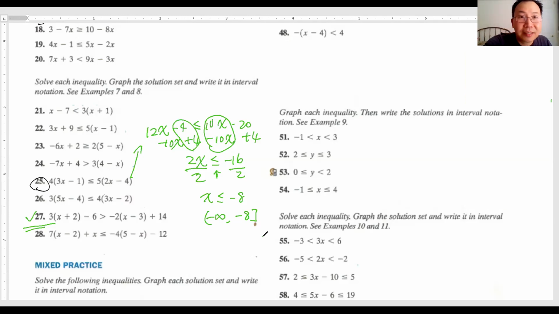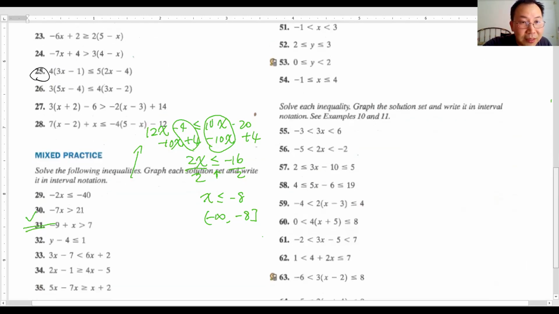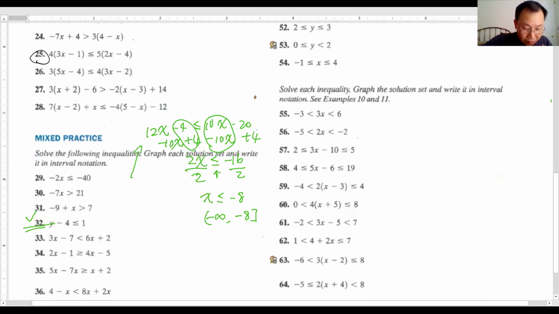All right, let's go. Let me move a little bit further down here. So I think 27 is a similar situation, right? Let me move to 27. So they are the same.